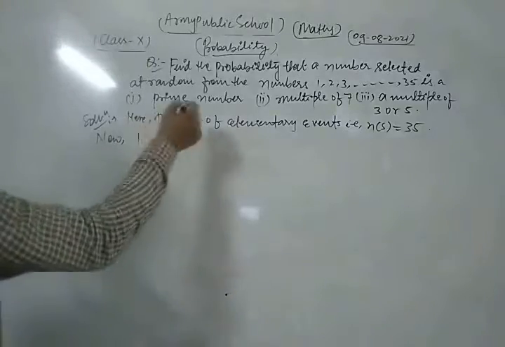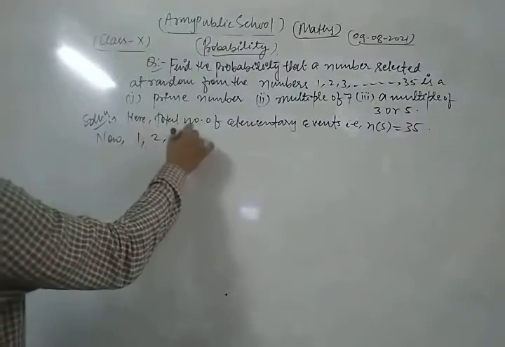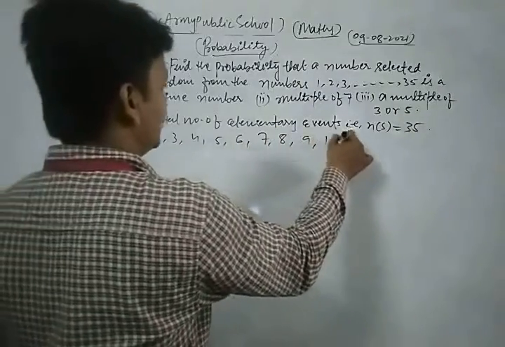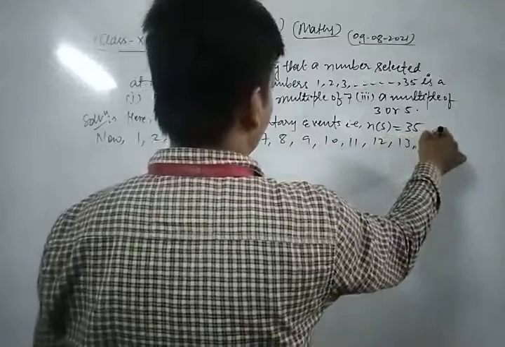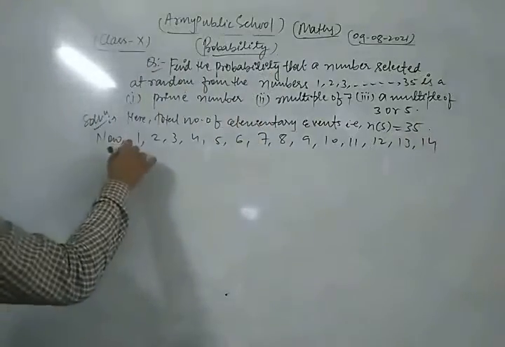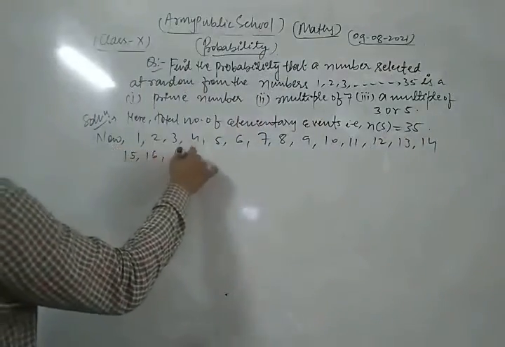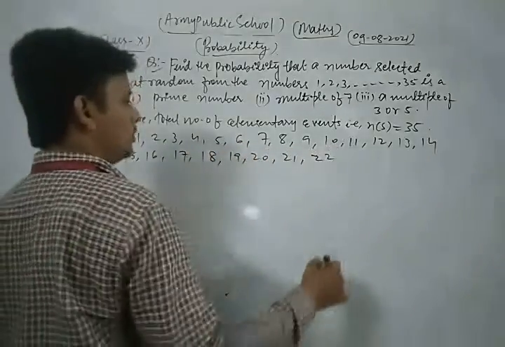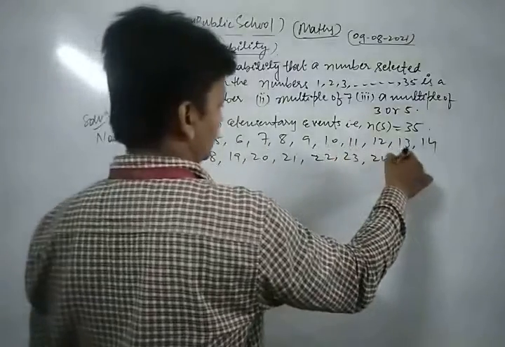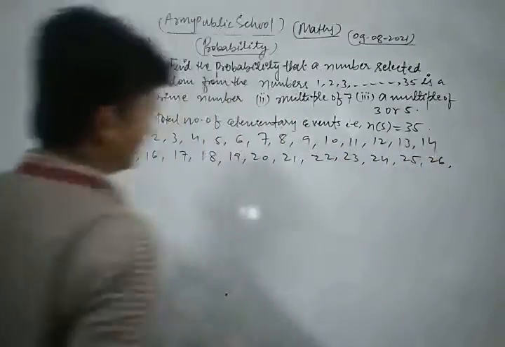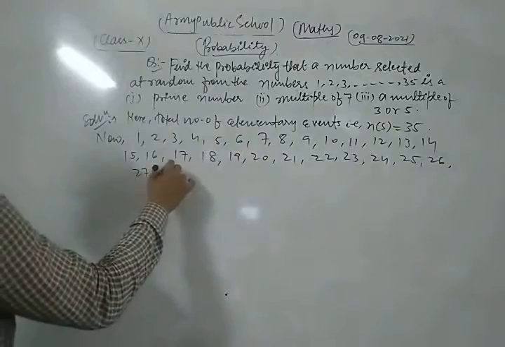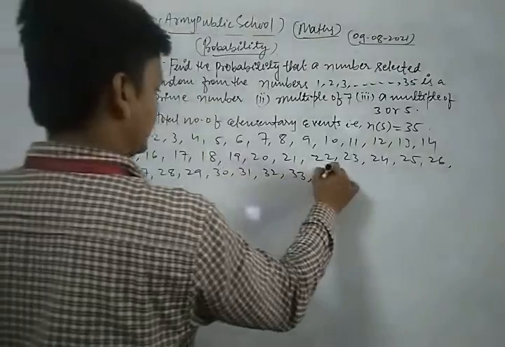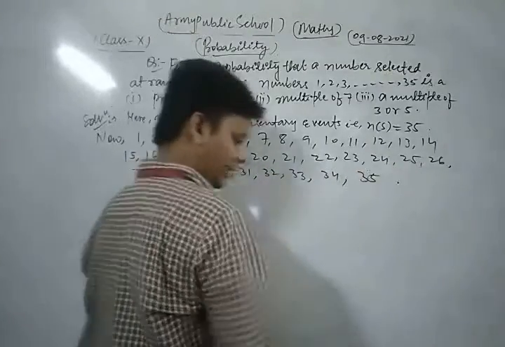Now we write the numbers from 1 to 35: 1, 2, 3, 4, 5, 6, 7, 8, 9, 10, 11, 12, 13, 14, 15, 16, 17, 18, 19, 20, 21, 22, 23, 24, 25, 26, 27, 28, 29, 30, 31, 32, 33, 34 and 35.